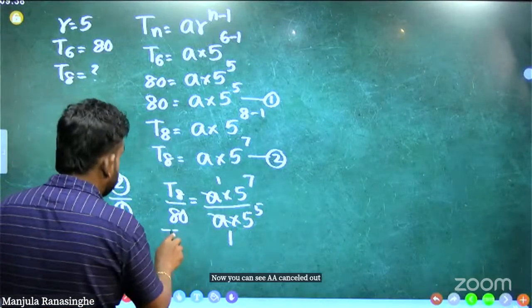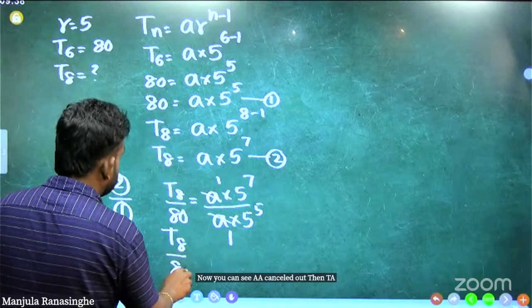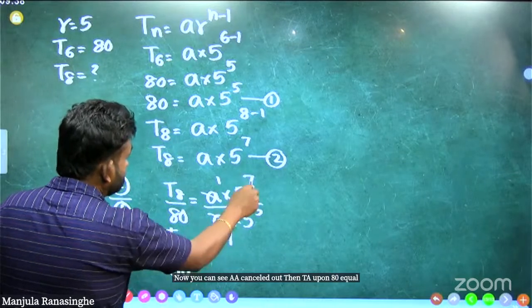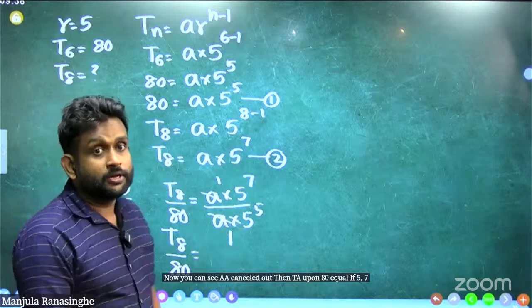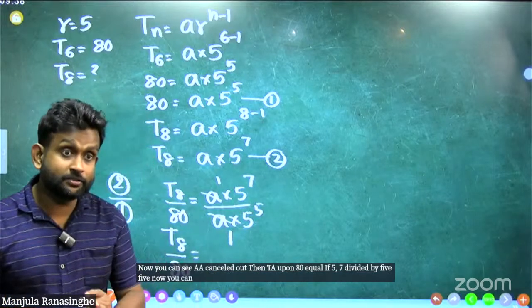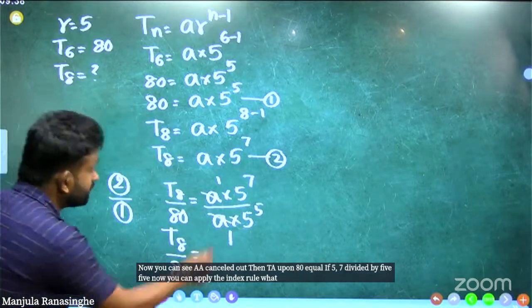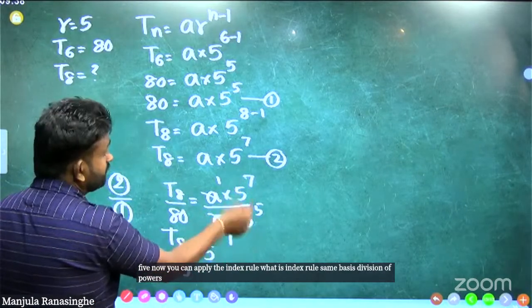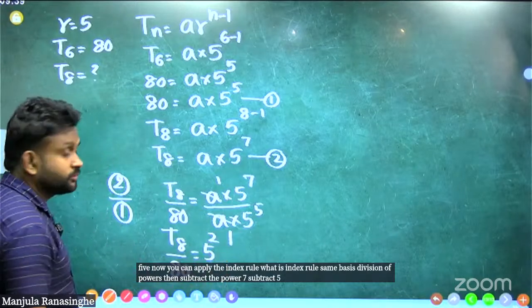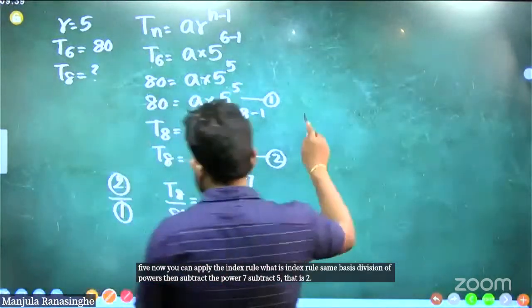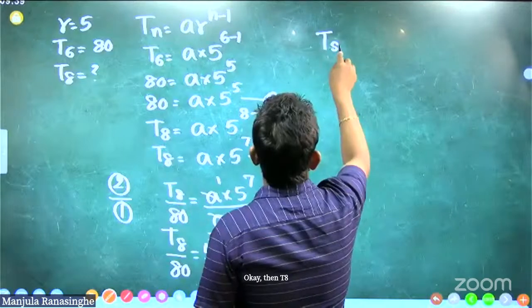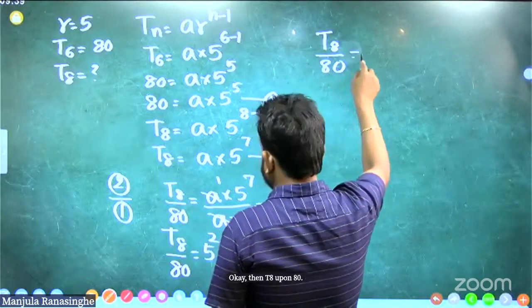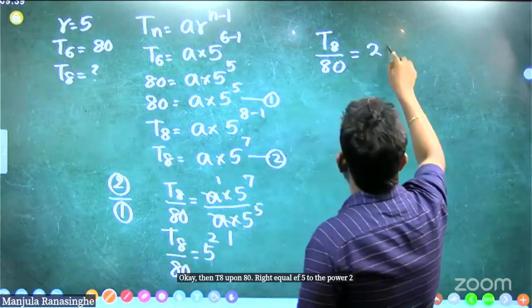Then T8 upon 80 equal 5 to the power 7 divided by 5 to the power 5. Now you can apply the index rule. What is the index rule? Same bases division of powers, then subtract the powers. 7 subtract 5, that is 2. Then T8 upon 80 equal 5 to the power 2, which means 25.